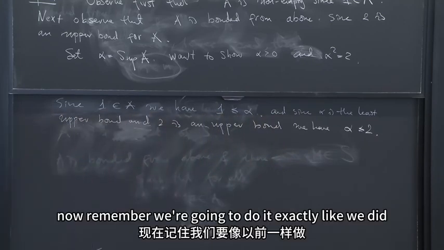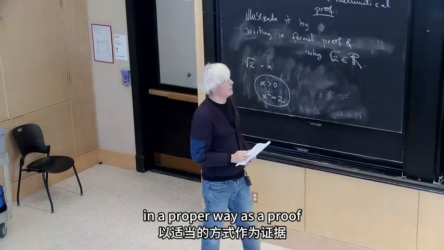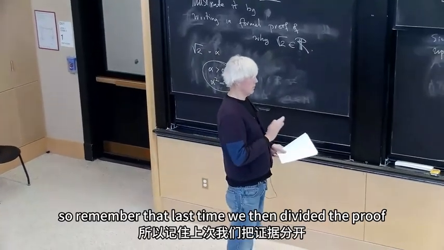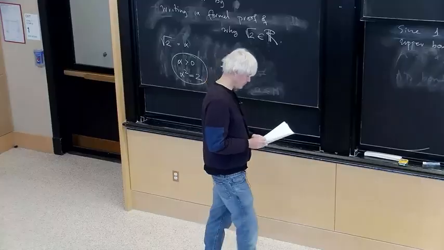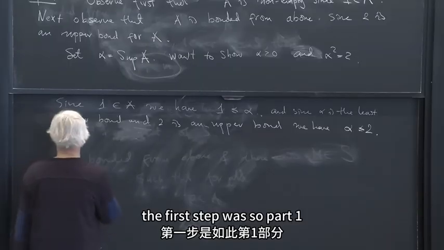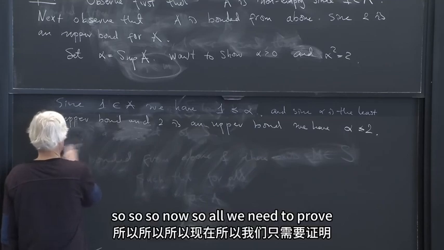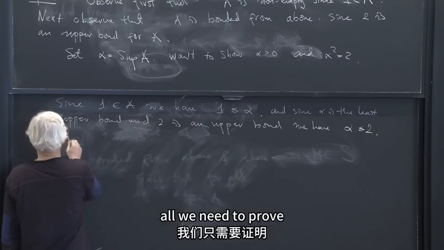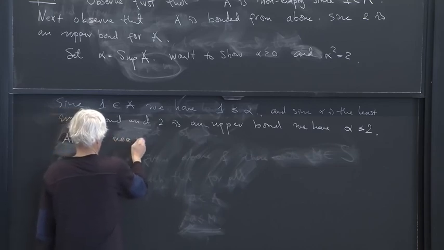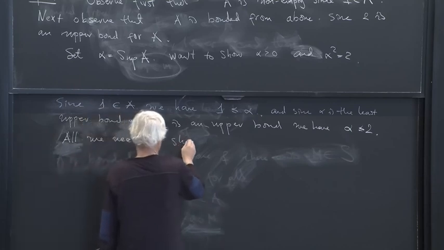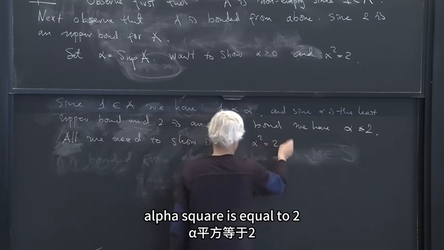Okay, now remember, we're going to do it exactly like we did last time, but we're just going to write it down in a proper way as a proof. Remember that last time we divided the proof into 2 steps. All we need to prove to show is that alpha squared is equal to 2, right?